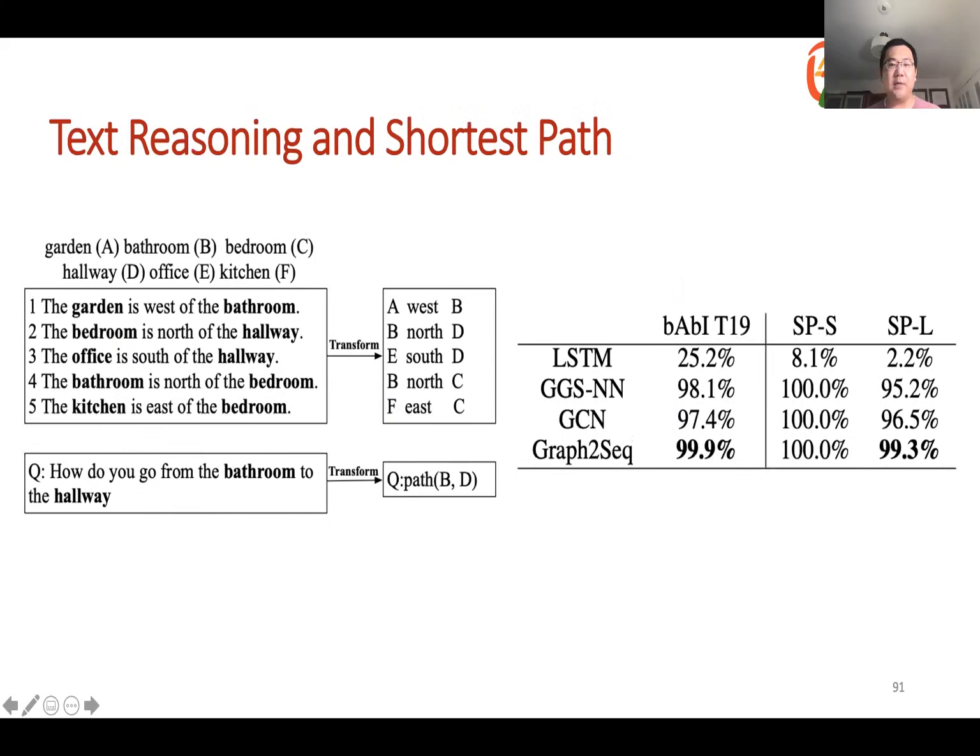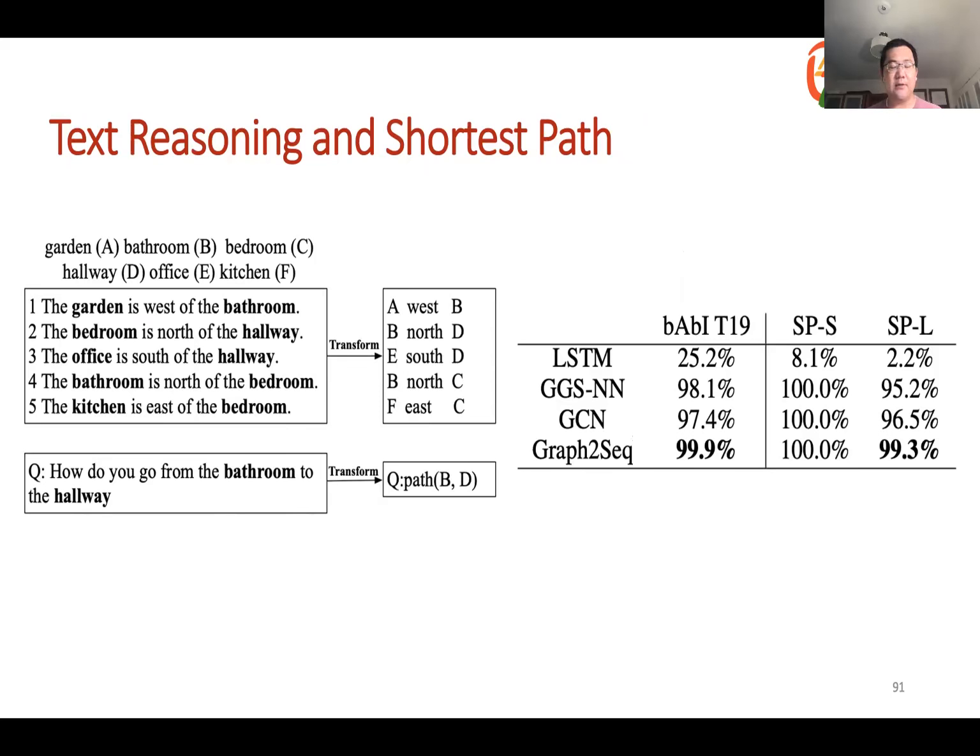Here we show some task results when we examine the power of our graph-to-sequence model on two tasks, text reasoning and shortest path. For text reasoning we chose the bAbI task 19.